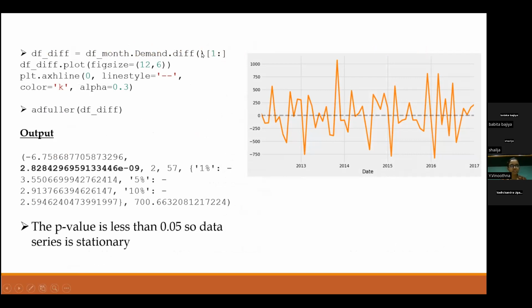After performing the difference method, the graph shown here represents that the time series is stationary, and we can also perform the Augmented Dickey-Fuller test to check this. We have to check the p-value. Here I have done the differencing method only once, and the p-value is less than the threshold value, which is 0.05. So we can state that after performing the differencing method once, our time series has become stationary.